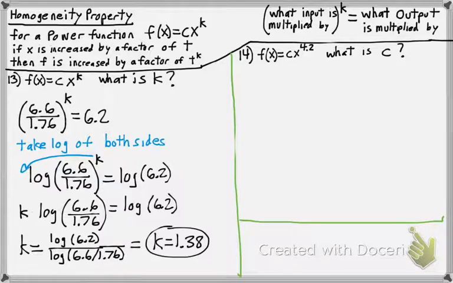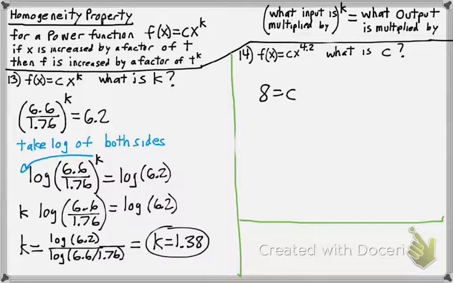On 14, again, this is a different problem. It says let f equal c times x to the 4.2. Suppose that f of 4 is equal to 8. What is the value of c? So they give us basically all the values. The f value is 8 is equal to c, I don't know. That's what I'm trying to find.